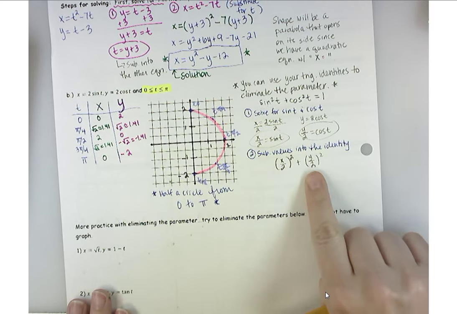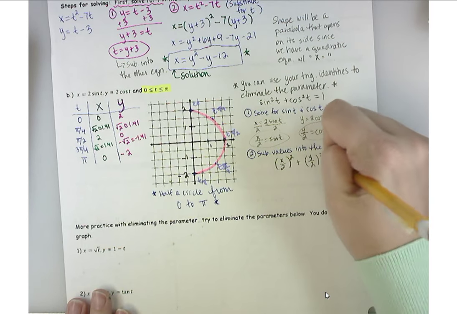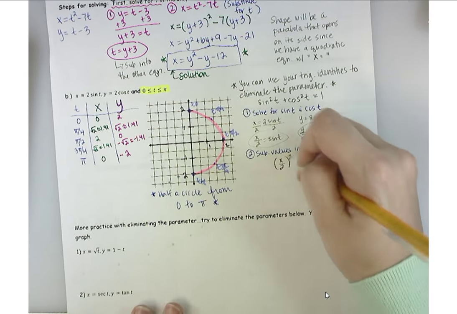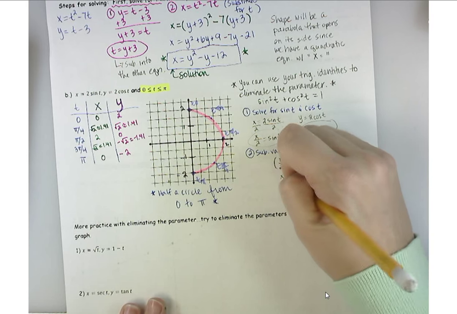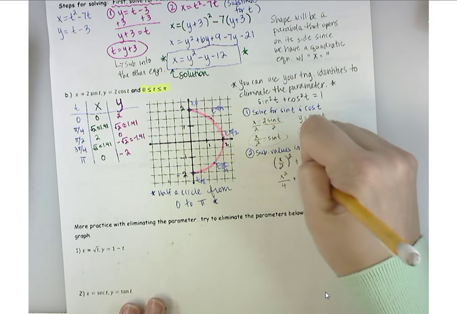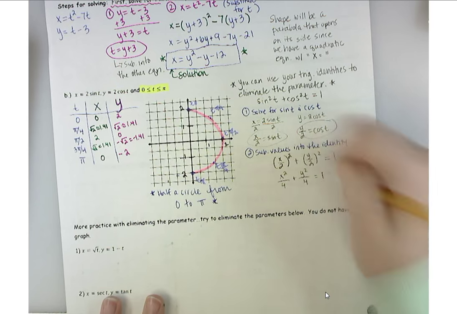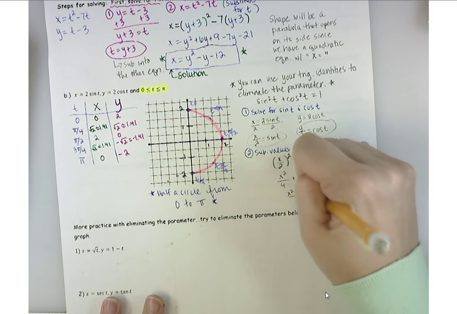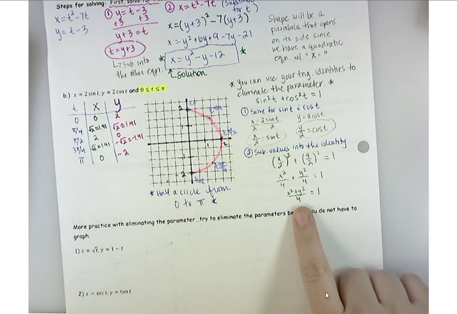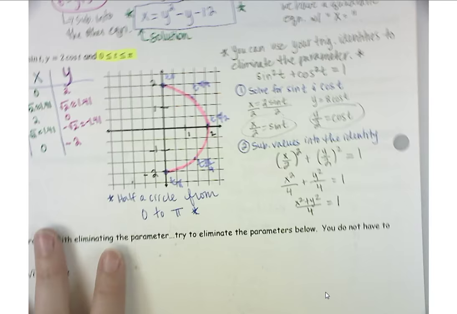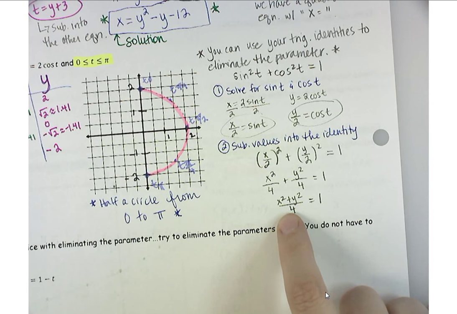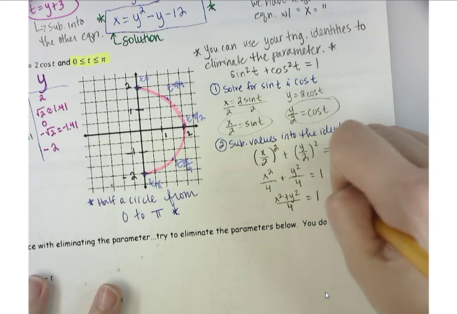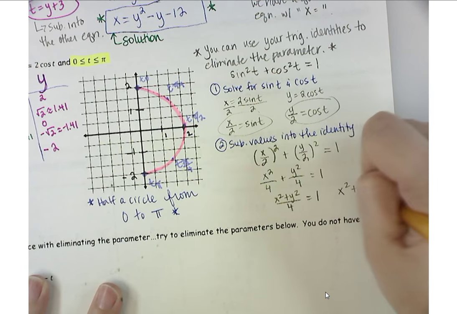So I'm substituting that in, and of course I still have to have it equal to 1. So I'm going to simplify and square both of these. So I have x squared over 4 plus y squared over 4, which is going to equal 1. Or we could write it as x squared plus y squared, divided by 4, equals 1. Because I have x squared and y squared, I want to get both of them together. So what could I do to both sides here? Multiply by 4. Then I'd have x squared plus y squared equals 4.